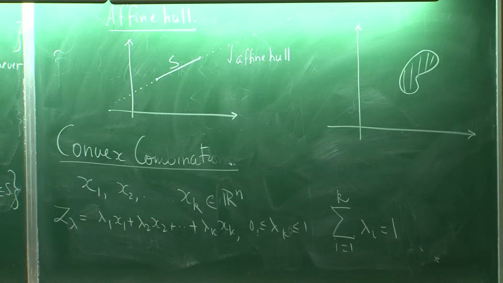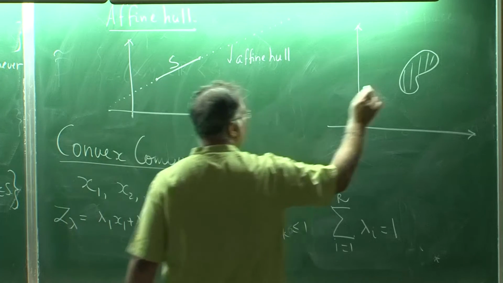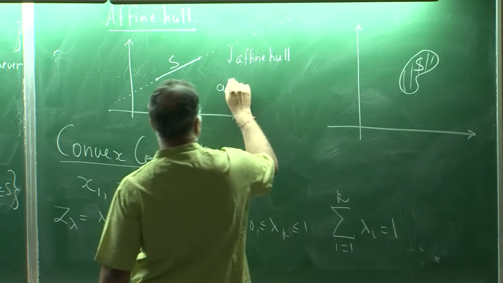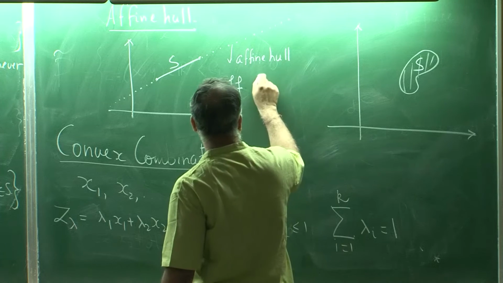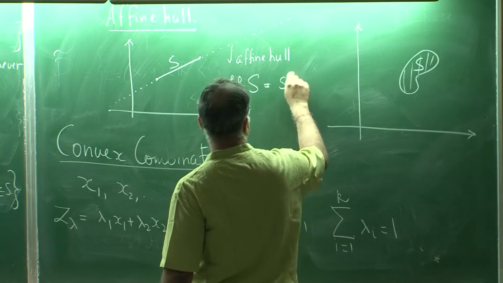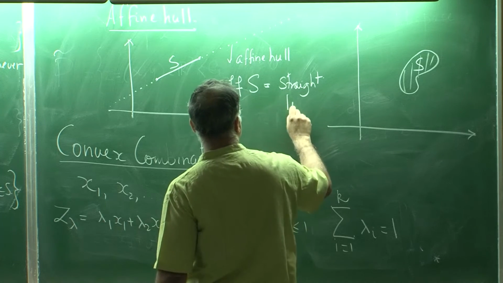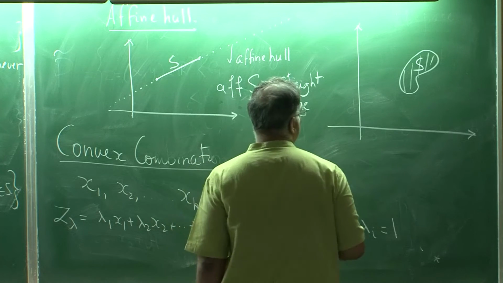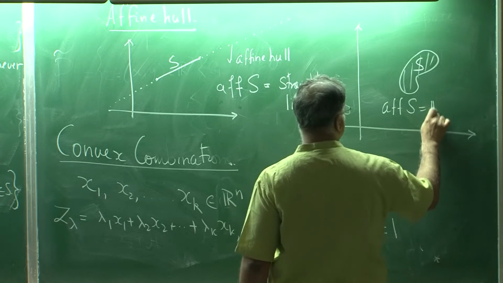It is the whole space R2, no line, nothing will do. So, if this is my S, the affine hull of S, written as aff S, is the straight line in the first case. But here the affine hull of S is R2.